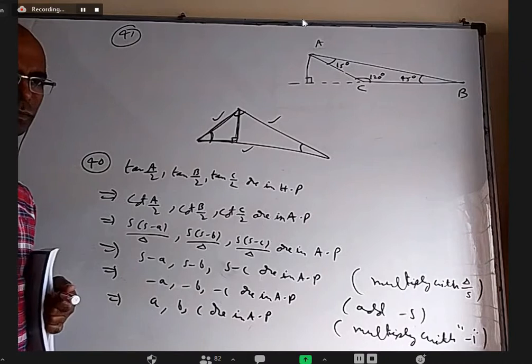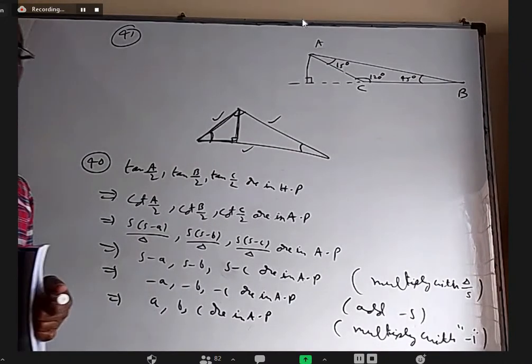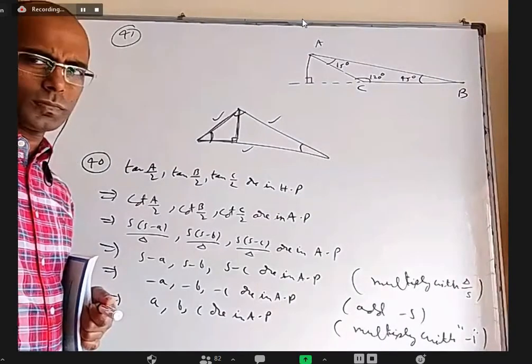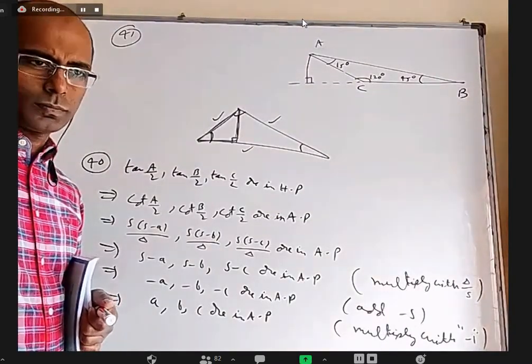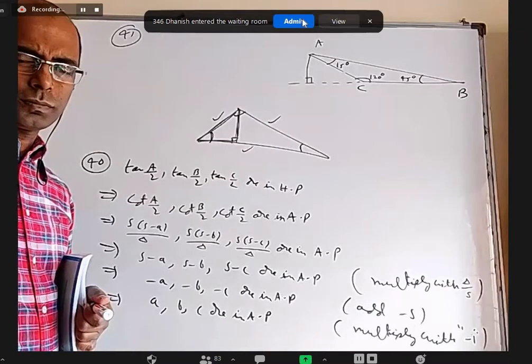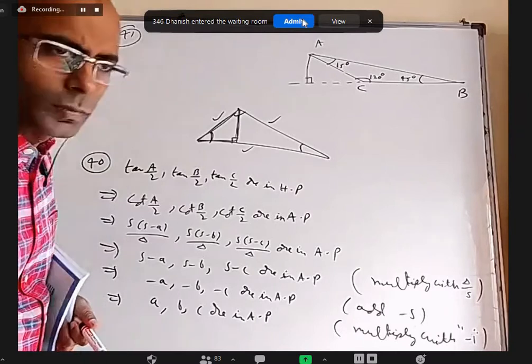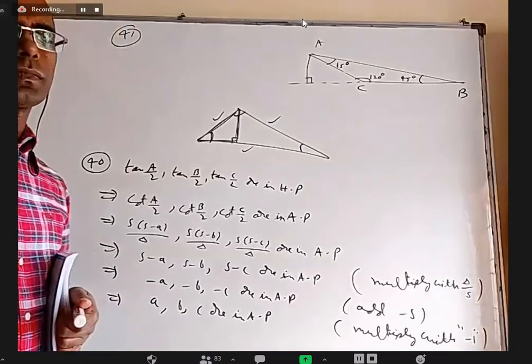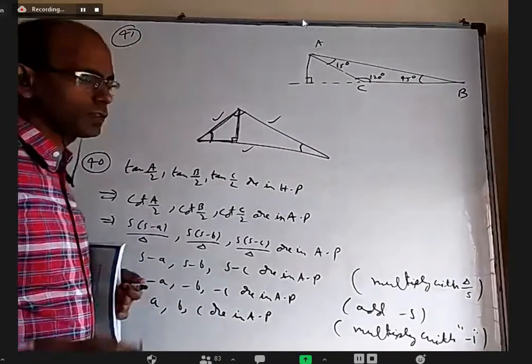Sir, area. Okay. Sir, we can find area using Heron's formula and then use the formula half base into height. Yeah. If you want to find height, these are the two methods.